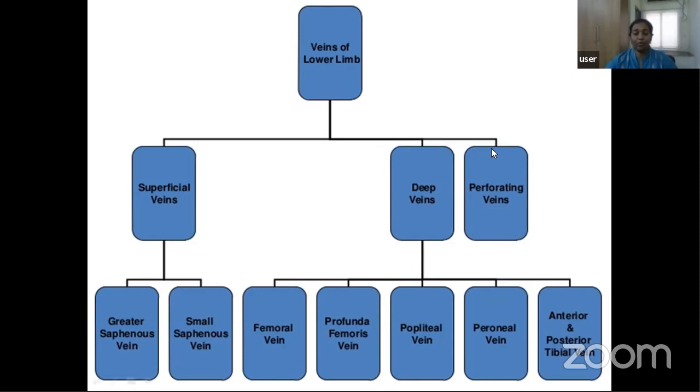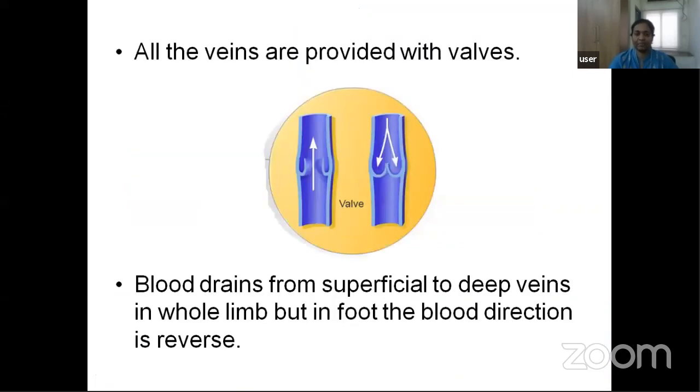And the third group of veins we have in the lower limb is the perforating veins. So these perforators connect the superficial to the deep veins. Now we are going to go into the details of these veins. All these veins are provided with valves, and these valves prevent the backflow of the blood. And usually the blood goes from the superficial to the deep veins via the perforators.